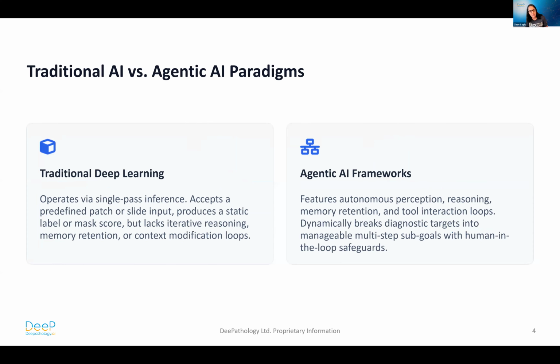So when we look at the limitations of traditional deep learning, the main differences when it comes to agentic AI are autonomy, the ability to reason, to look at what happened in the past or have some kind of memory, and, very important, to interact with tools, to call via APIs functionalities which can do things.